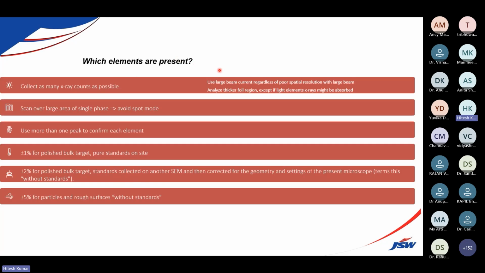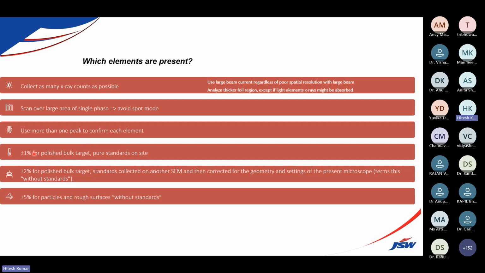So which elements are present? Collect as many X-ray counts as possible, scan over a large area, avoid a single point, and at least capture 2 or 3 points. Use more than one peak to confirm, which I already told you. One single peak is not going to give you exact information, so we need at least 2 to 3 peaks to confirm.